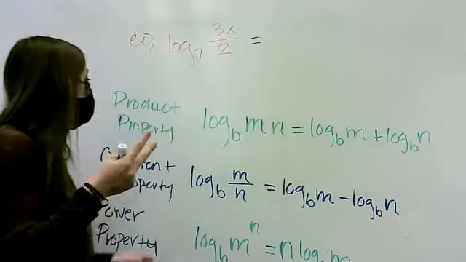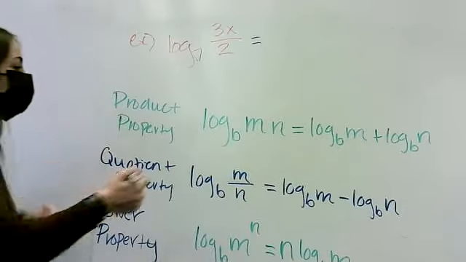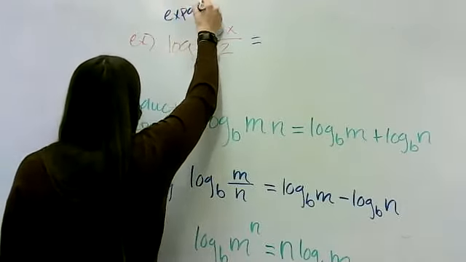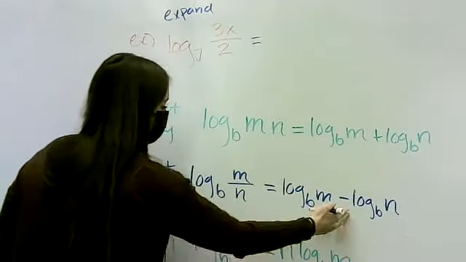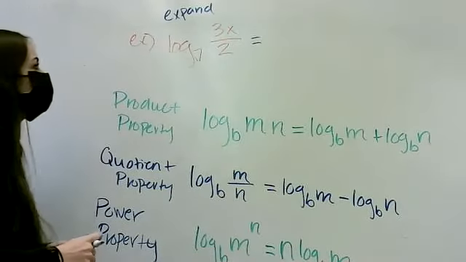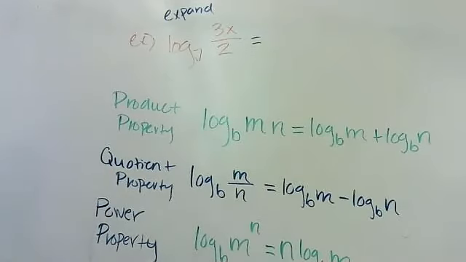So I have both quotient and product property. Specifically the directions tell you to expand. So I'm starting with these condensed sides, and I want to expand them to be the more drawn out versions. So I first always want to deal with division when I'm expanding.